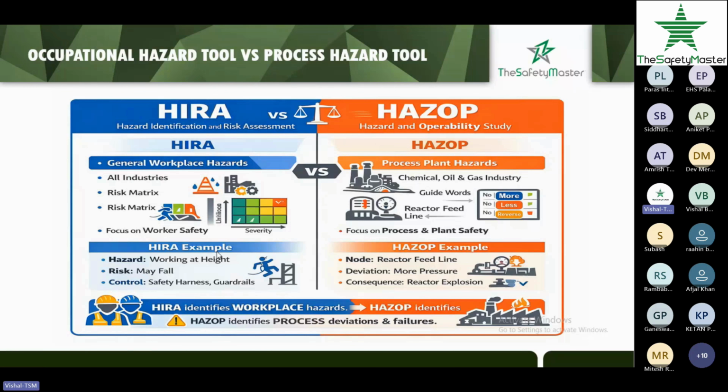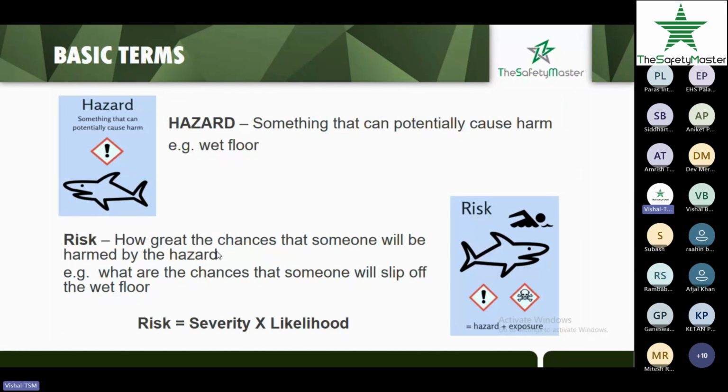Once we have identified the hazard, we look at how severe it is and what the chances are of it happening, and based on that we give a number. Risk is nothing but severity into likelihood. Severity means how severe the impact can be, and likelihood is the chance of that hazard happening.